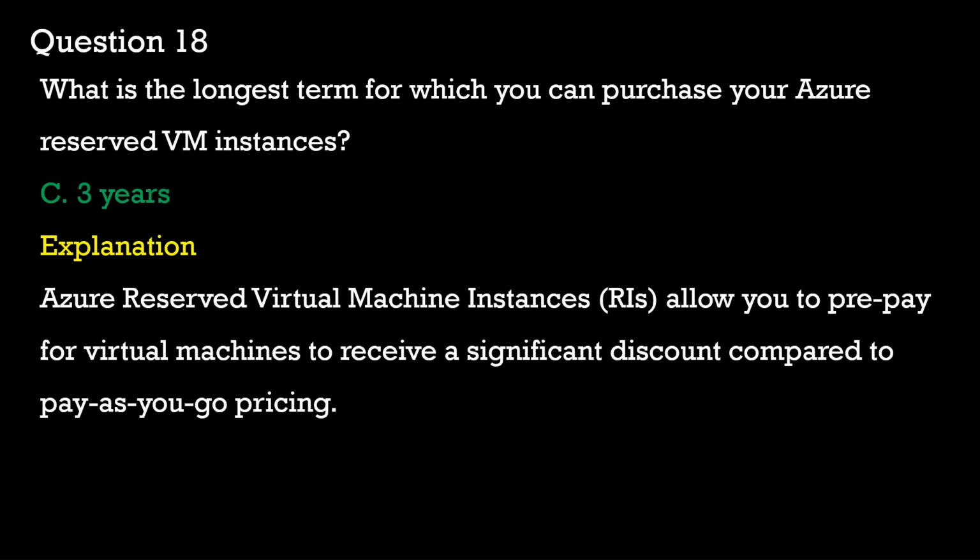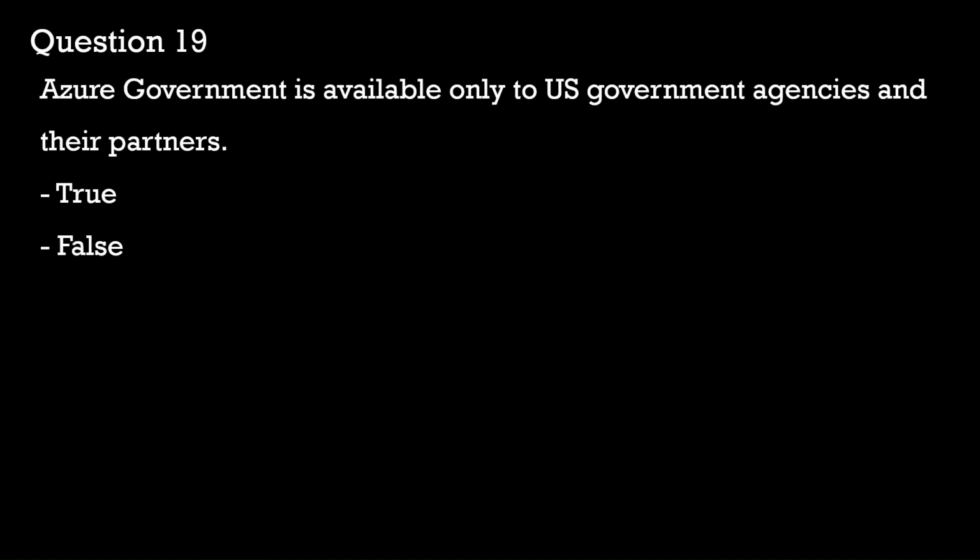So it offers reservations for 1-year and 3-year terms. As of now, 3 years is the longest term available for purchasing reserved virtual machine instances. So that's why our answer is option C.